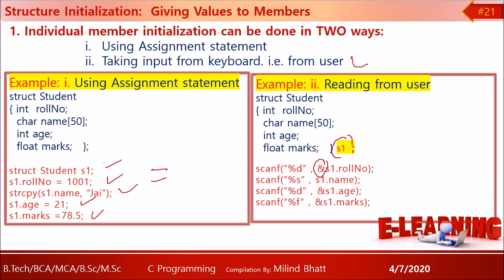This ampersand is the address operator. In the case of a string, there is no need to mention the address operator, so ampersand is not mentioned over here. scanf %d ampersand, the address operator, S1 dot age. Again ampersand, that means address of S1 dot marks. In this way I can give individual values to such members.